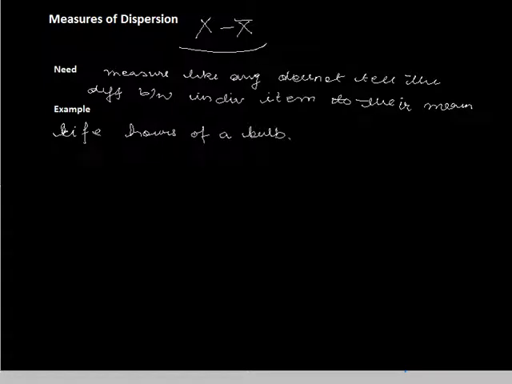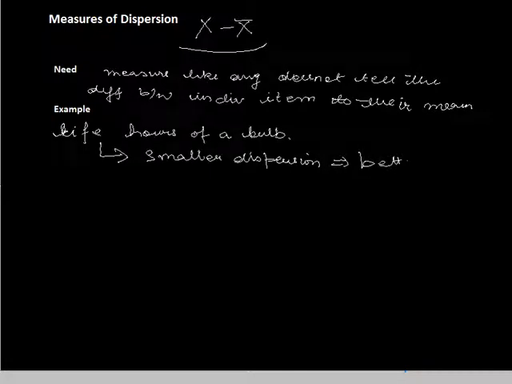We would really want to know the uniformity of quality in order to introduce a new brand. In this case, the smaller the dispersion, the more uniform would be the quality of the bulb. So smaller dispersion would imply better quality.